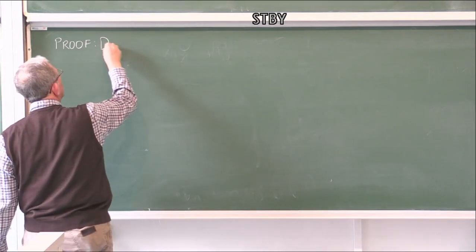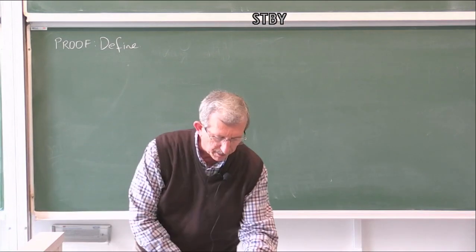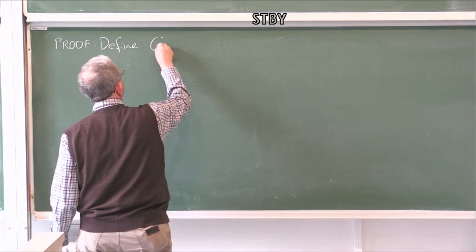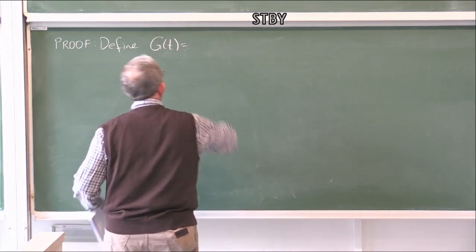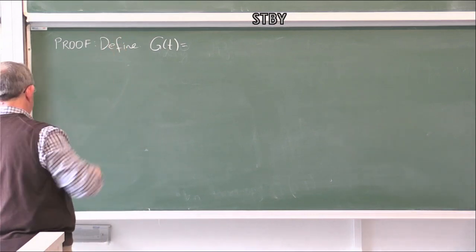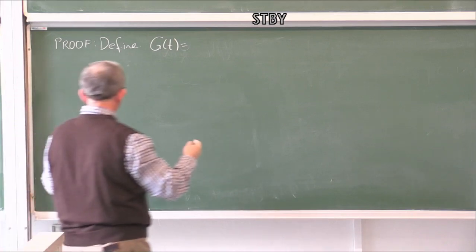Let us define two functions. The first one is the function g of t. This is the difference over there, but x0 is replaced with t.